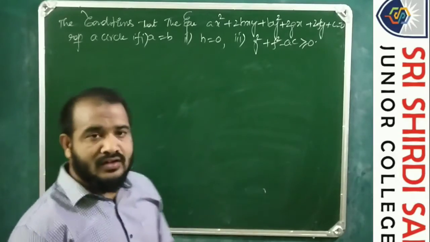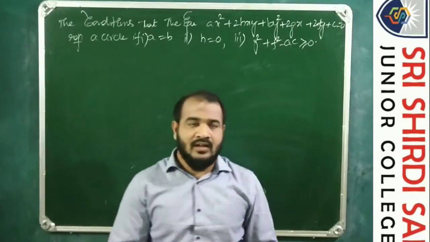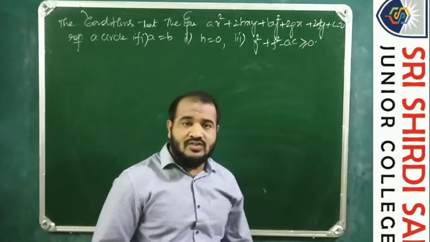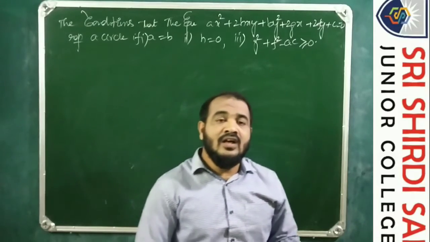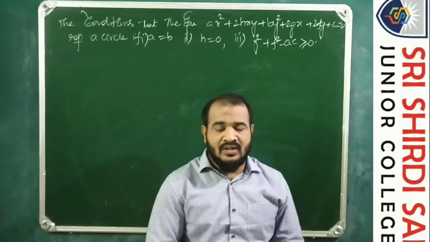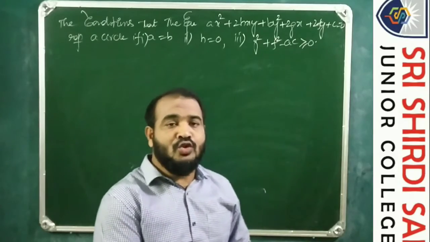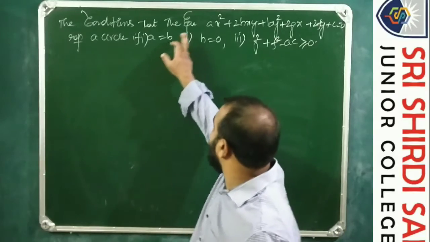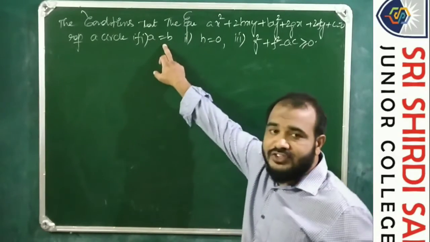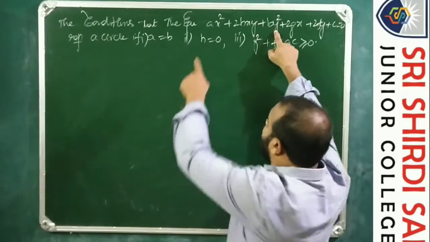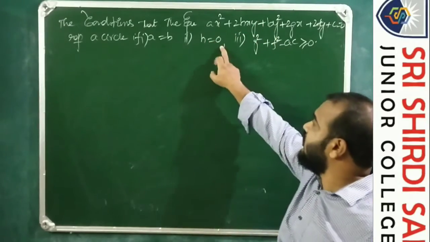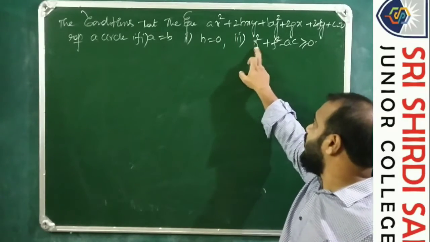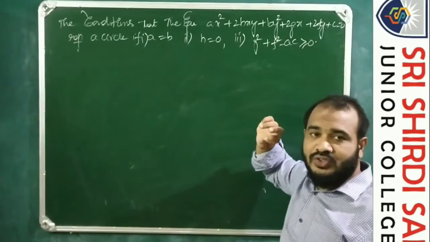We have already learnt in the first year that this represents a second degree non-homogeneous equation, and it represents the equation of a circle if and only if the coefficient of x square is equal to the coefficient of y square, so these two should be equal, and h is equal to 0, so the xy term should be absent, and g square plus f square minus ac is greater than or equal to 0.